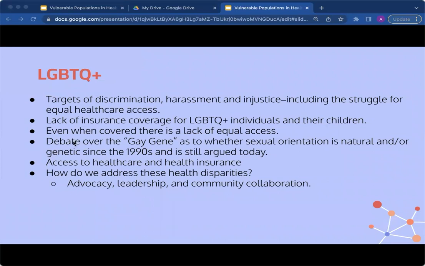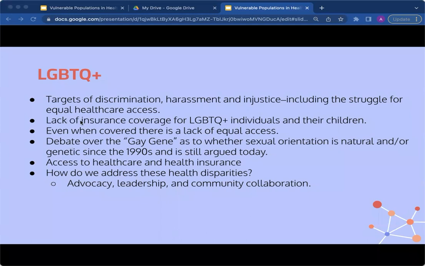Now, when we compare access to healthcare and health insurance to other populations, heterosexual adults are more likely to have health insurance coverage. LGBTQ individuals are more likely to delay or not seek medical care and not get the needed prescription medications that they might need because they lack that insurance coverage or they feel discriminated against.